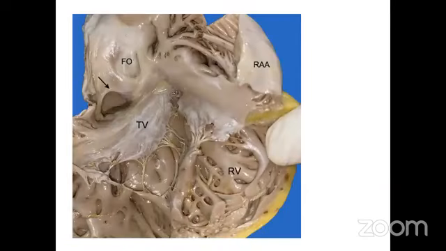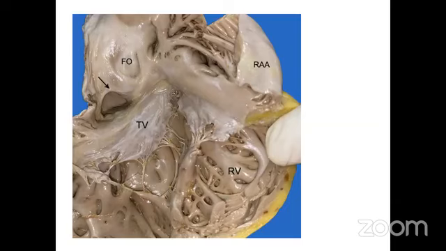Now here, this inflow tract is showing you a nice fossa ovalis, and just below the fossa ovalis, there is an unusually large opening of the coronary sinus.